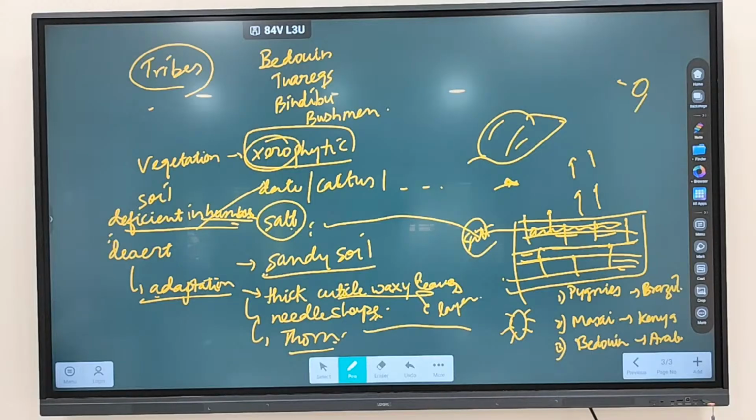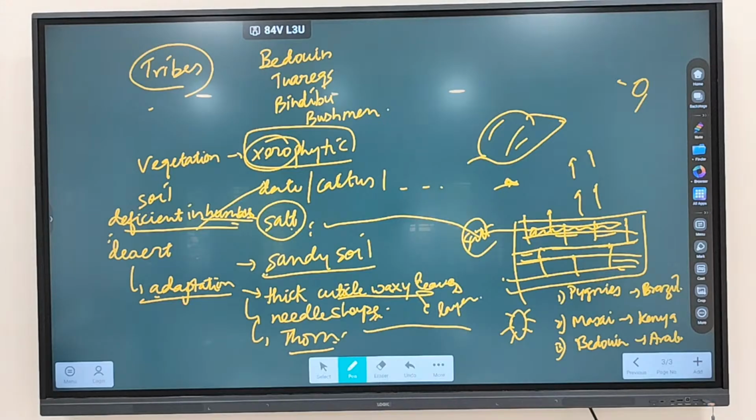Masai lies in Kenya. And Masai are generally found in which region? In the savanna climate. And Bedouin you'll find in the Arab region, so that is correct. Second and third are correct, first is wrong. Like that, tribes can be asked in the examination.